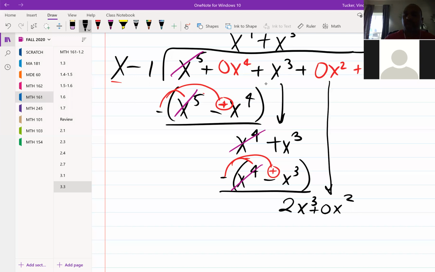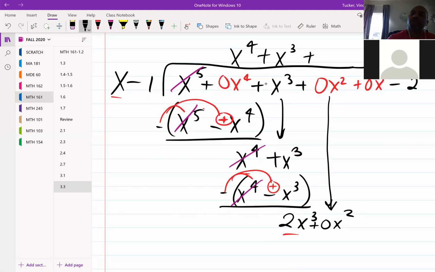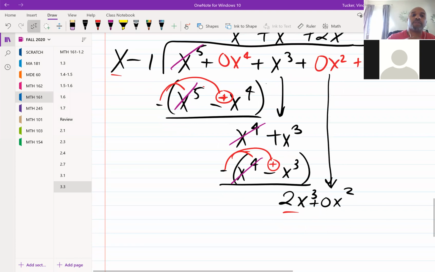Sorry about that. And so now we're comparing x, and it's 2x cubed. So you say what times x will give you 2x cubed? And that would be a plus 2x squared. So 2x squared times x will be 2x cubed. 2x squared times negative 1, excuse me, that's negative 2x squared.